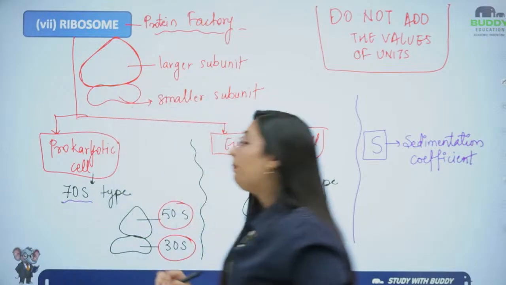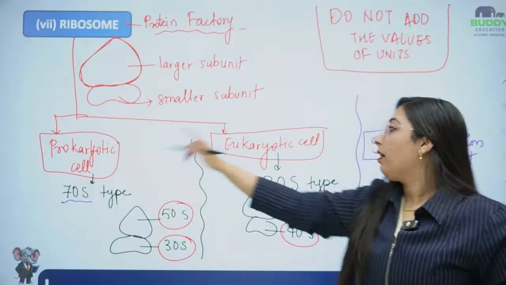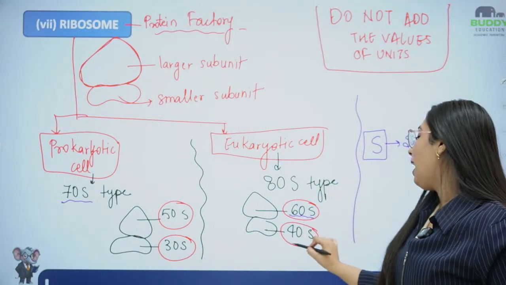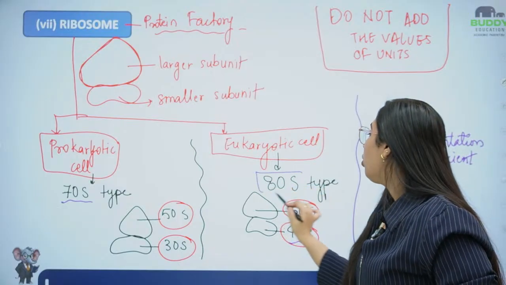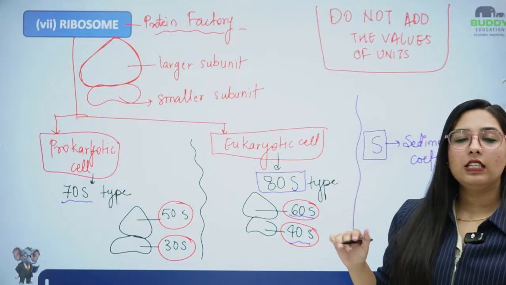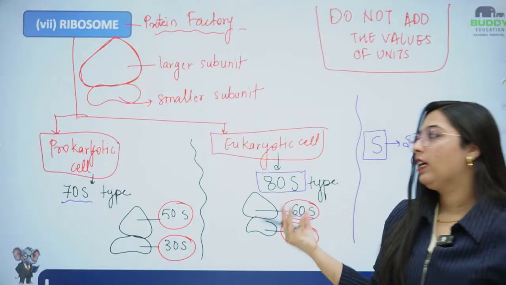That won't be 80. That is the reason 70S is written there. When I settle down the 60 and the 40, I will have a value of 80, not 100. This is the reason 80S is the whole ribosomal unit of the eukaryotic cell.